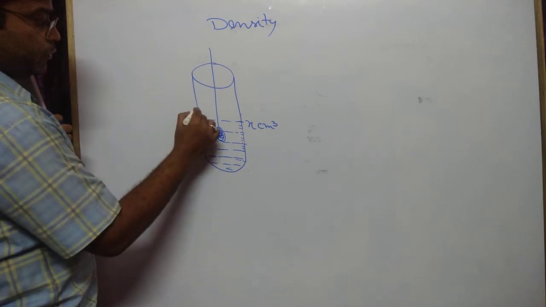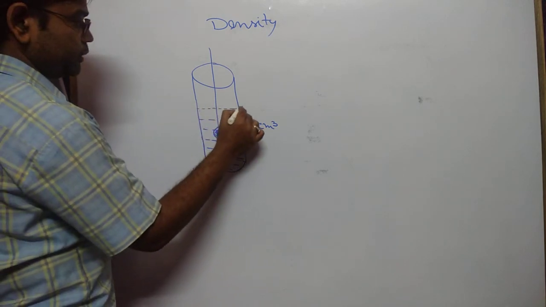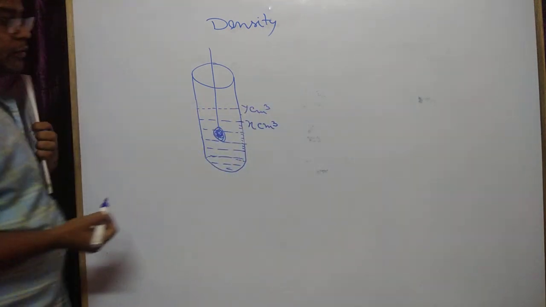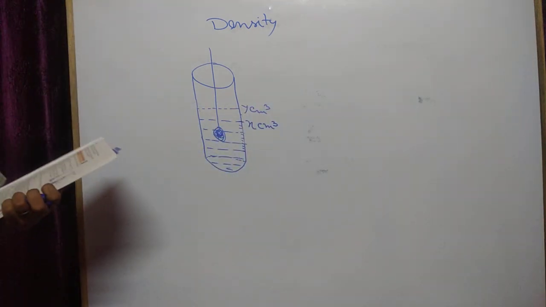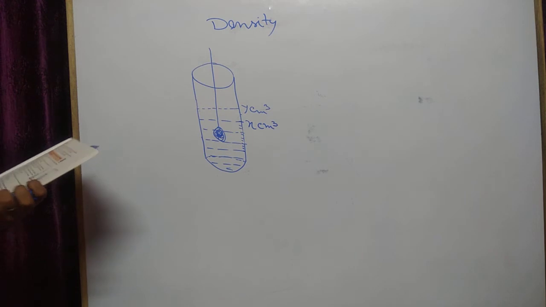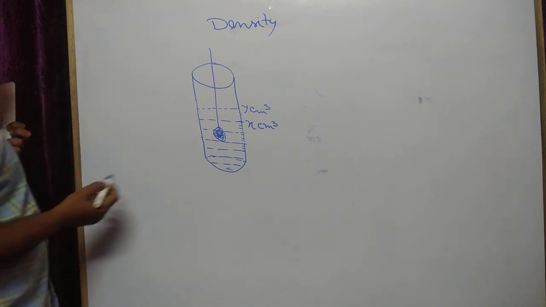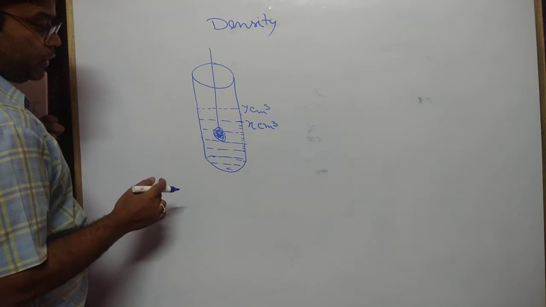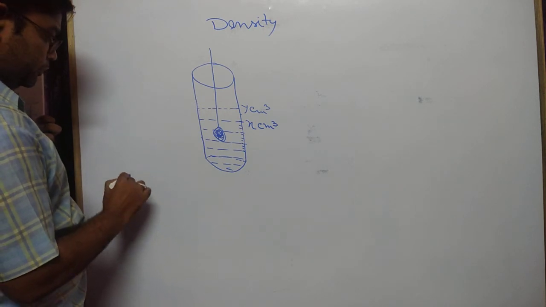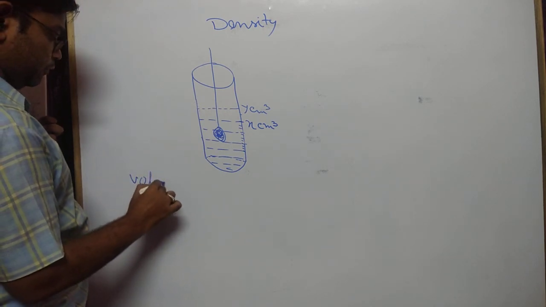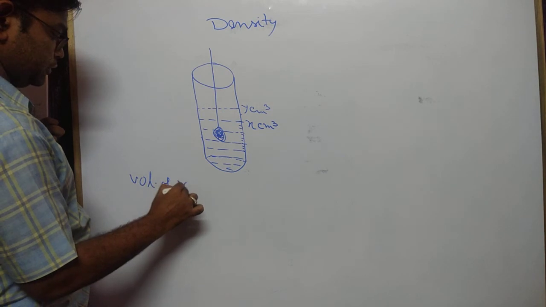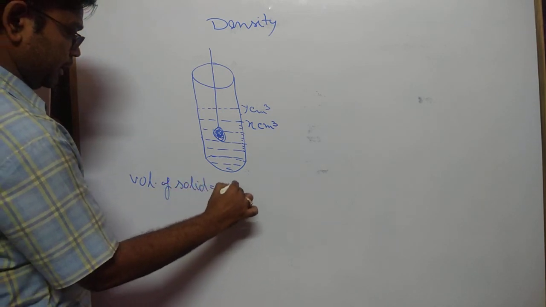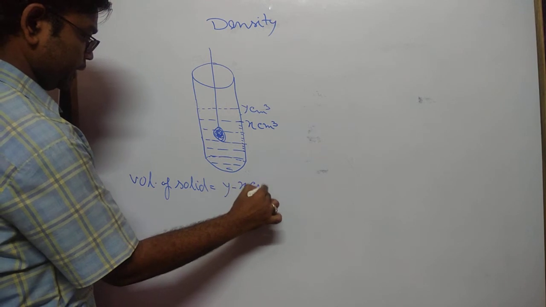The liquid rises upward and reaches up to this point. Suppose it's y centimeter cube. Clear? So from this we can find out, previously the volume was x centimeter cube, now the volume is y centimeter cube. So the volume of the stone, volume of the solid, is y minus x centimeter cube.